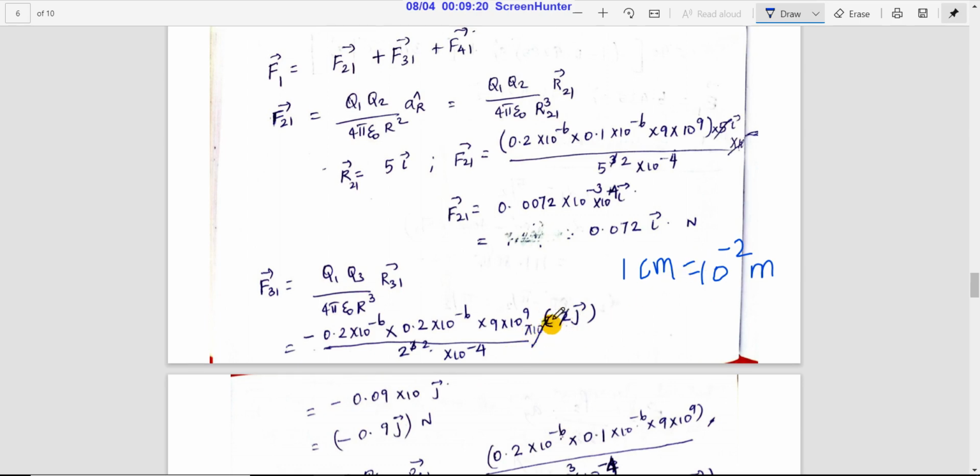So 10 power minus 2 has been multiplied, but here since this particular term is cubed, but it has been cut here as 2 power 2, because 2 power 3 has become 2 power 2. So this 10 power minus 2 power 2 means we can write this as 10 power minus 4.